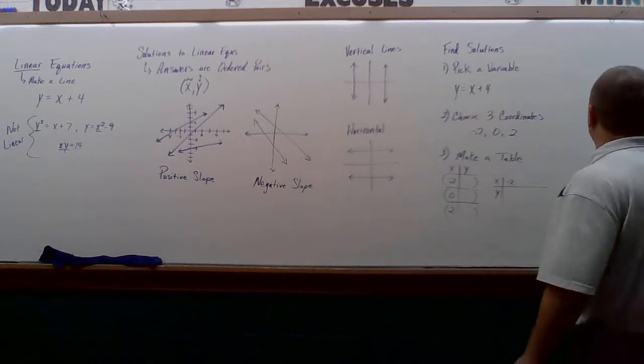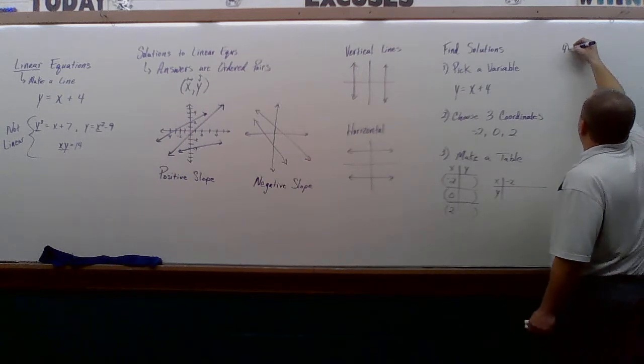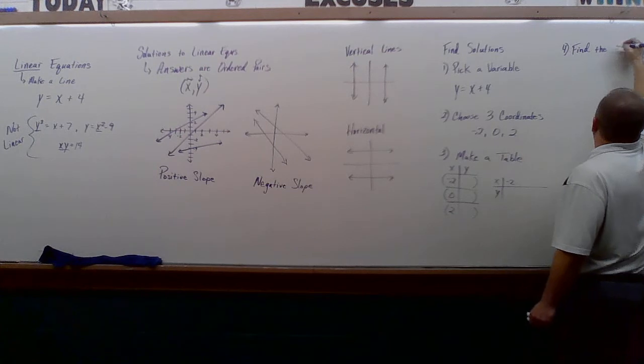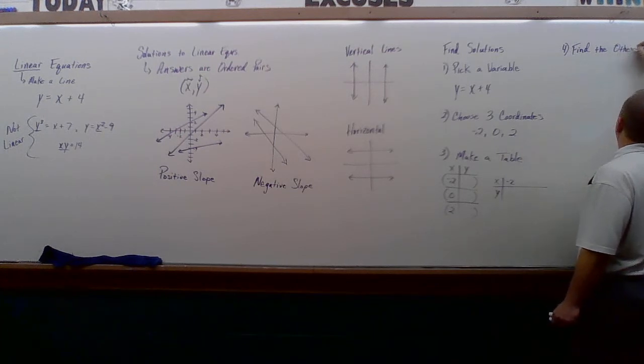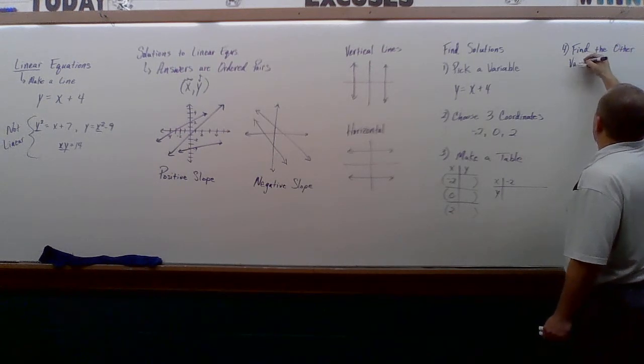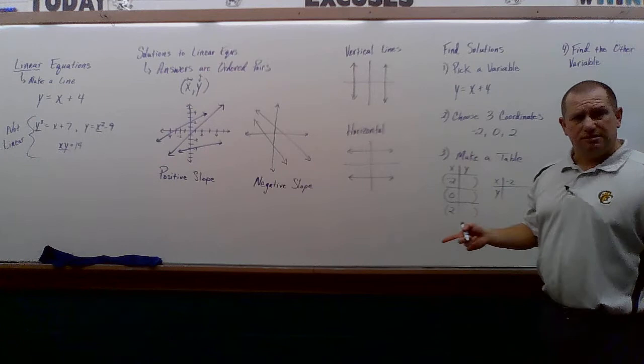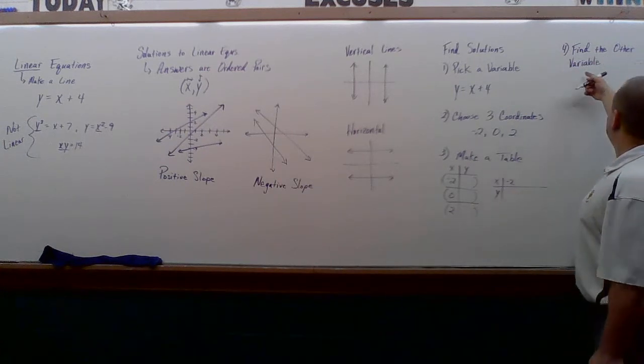And then number 4, we're going to find the other variable. So whatever variable we don't have, we have to find that other one. So in our case, we're looking for the y's. All right, so how am I going to do this?